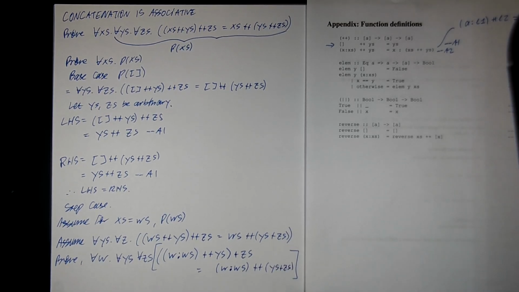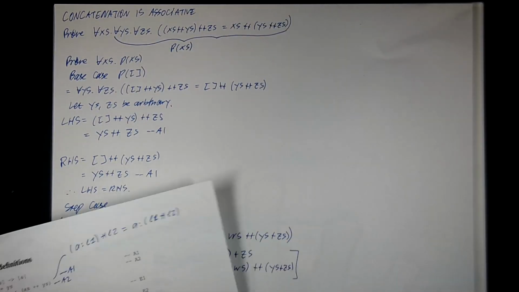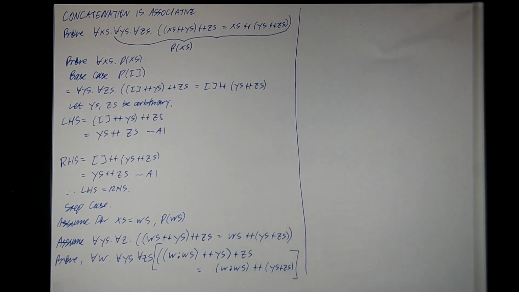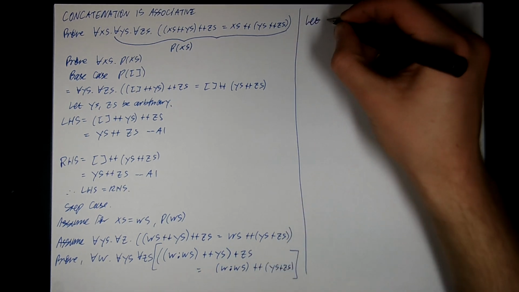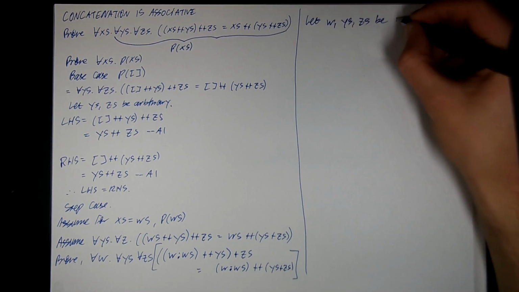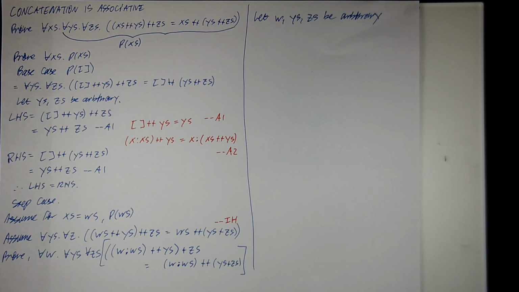Okay, so I want to prove this whole statement here. Let me just move my rules sheet over, get it out of the way. Now I'm going to let w, ys and zs all be arbitrary. Okay, and so this is the statement we want to prove.